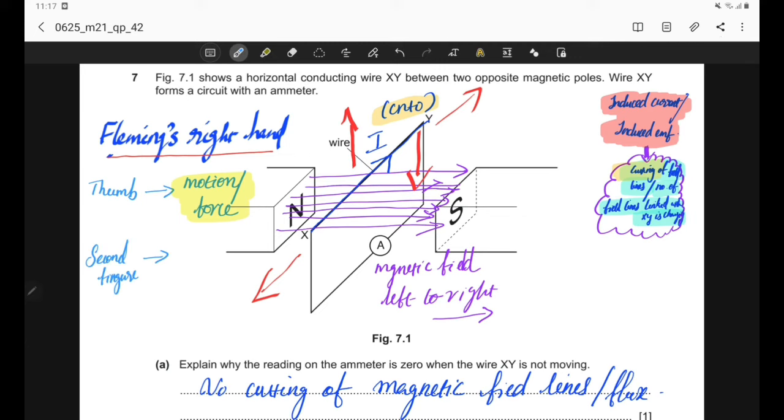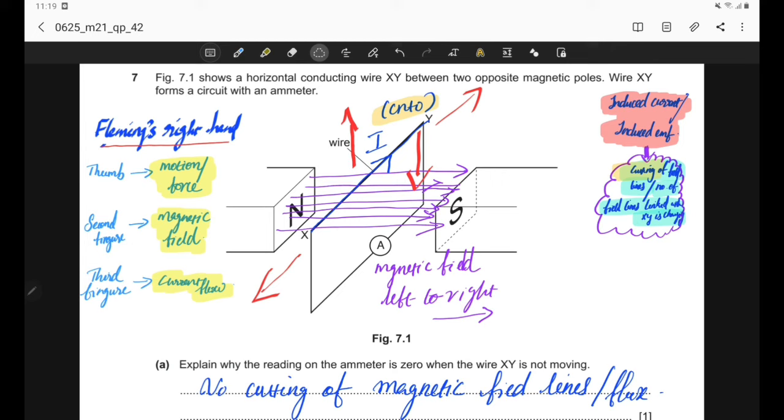The second finger, that is the index finger, represents the direction of the magnetic field. So the index finger we should point in the same direction as the magnetic field. And the third finger, that is the middle finger, should always point in the direction of the current flow. So these are the different fingers you should point in order to indicate the directions of the force, magnetic field and current flow, and this is known as Fleming's right hand rule. And the right hand rule you can use for electromagnetic induction or the generator effect.